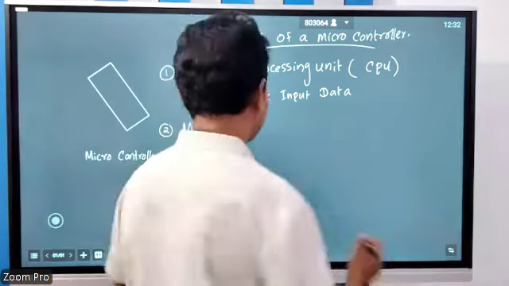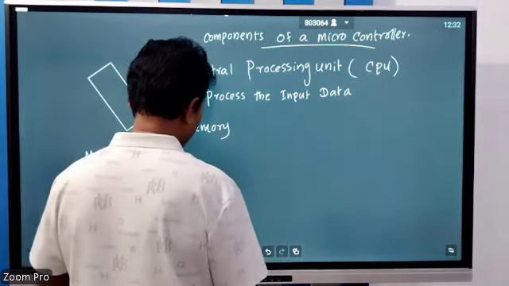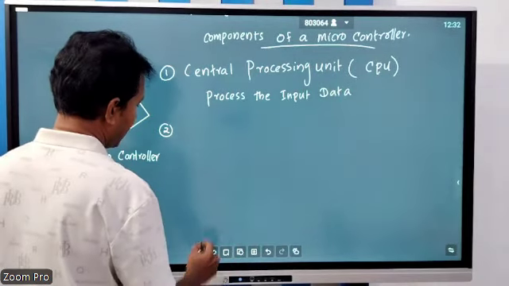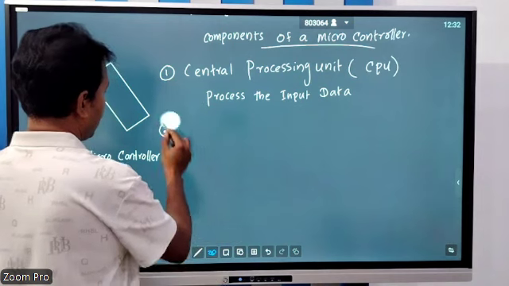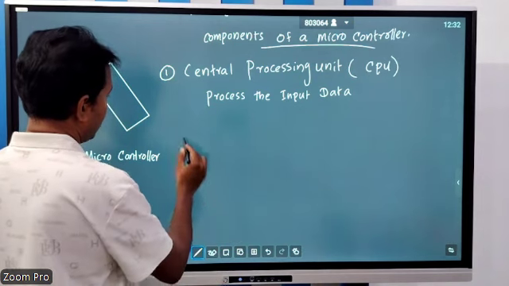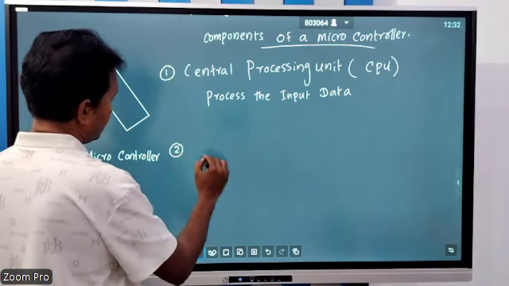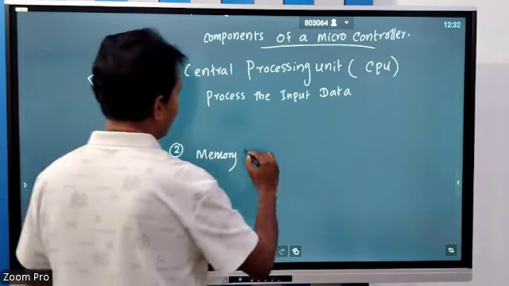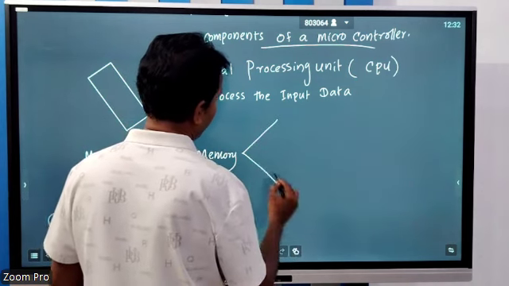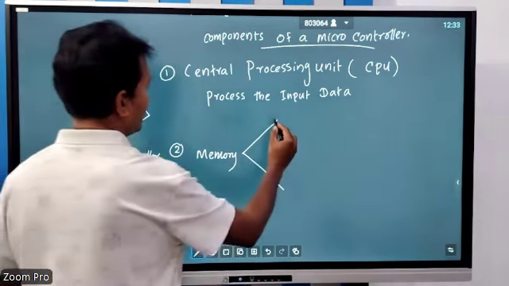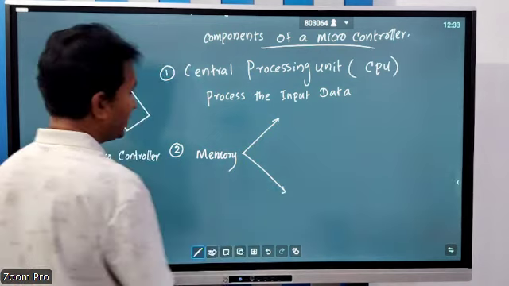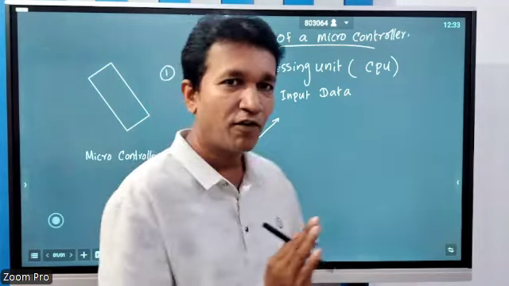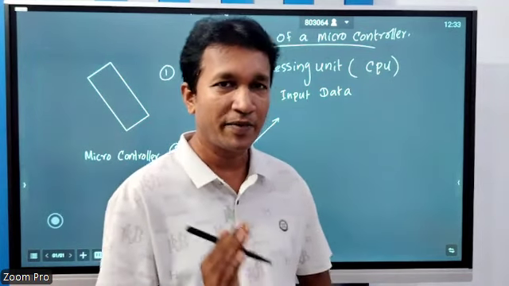What are they? Two types are there, right? One is a volatile memory.